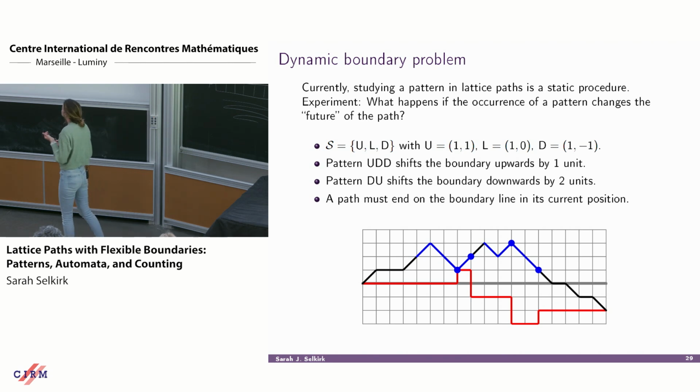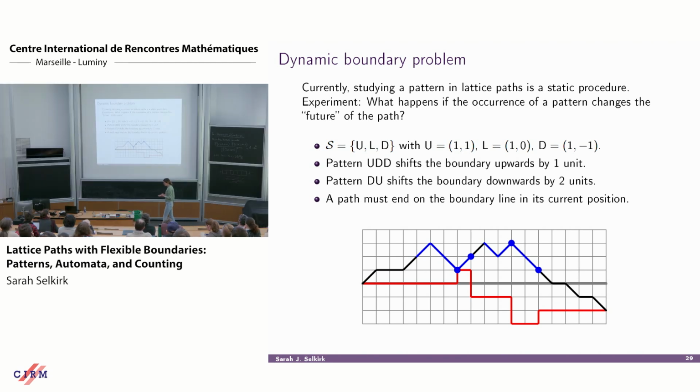What we have is we make some set of steps, and then we have a set of patterns. Once a pattern occurs, there's some condition attached to it, which then changes the boundary of the lattice path. So the boundary moves up or down depending on what has just occurred.